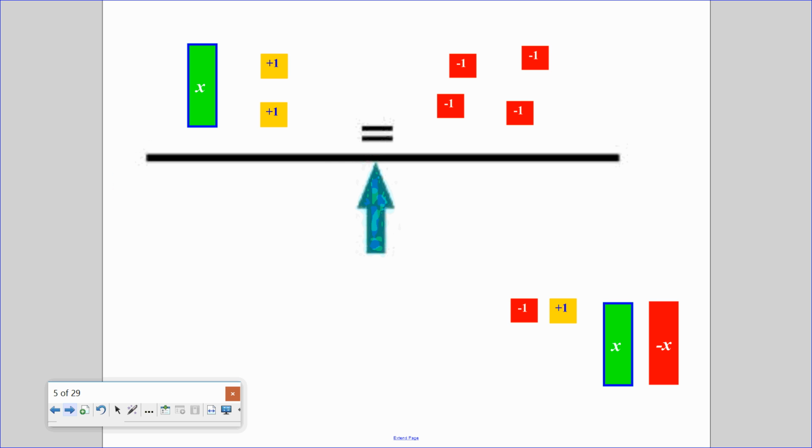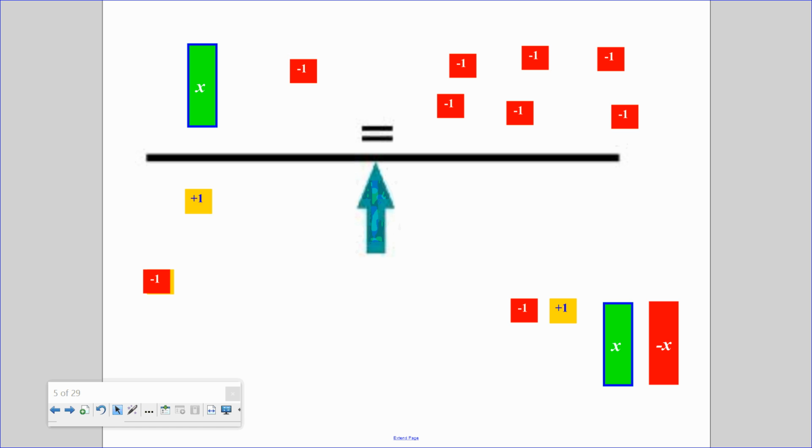Let's do the next example. We have x plus 2 equals negative 4. I need to isolate this variable. Any suggestion on how to get rid of plus 2? The inverse is minus 2. But if I minus 2 on the left side, I need to keep it balanced, so I need a minus 2 on this side.